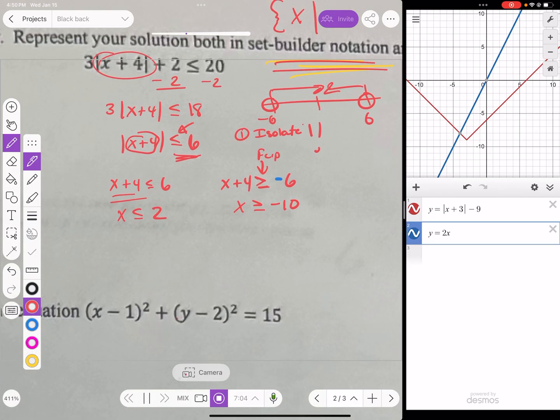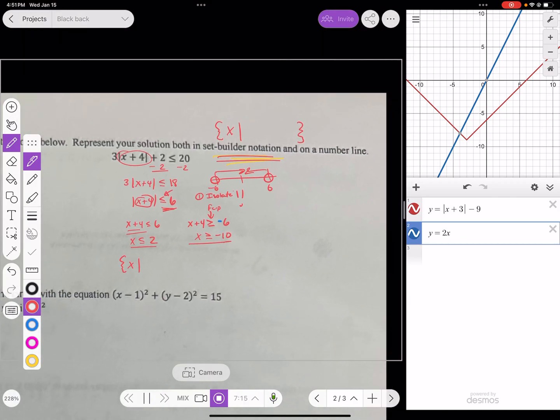So in set builder notation, we go bracket x, and we say, hey, x has to be less than 2, greater than -10. Now this is an overlap. So if I looked at where -10 is, here's where I'm greater than -10. Here's where I'm less than or equal to 2.